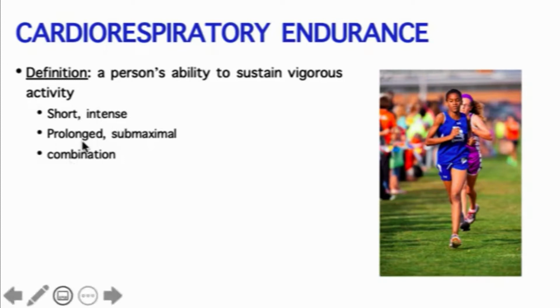Soccer's a little bit more on the end of the prolonged or submax, but you are running a lot in both, which requires some form of prolonged endurance. And then you also have these short, intense bursts of energy, especially in basketball, like if you're performing a jump or something. So cardiorespiratory endurance doesn't just stay within certain types of exercise or activities, but can span a lot of different combinations.